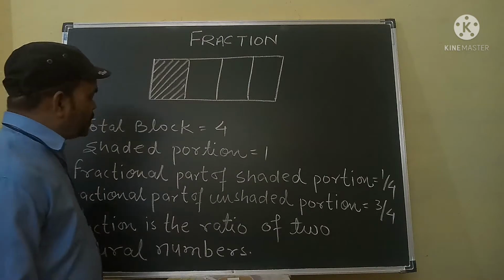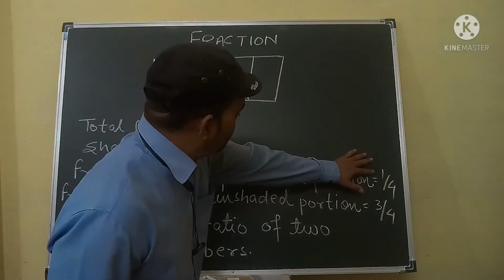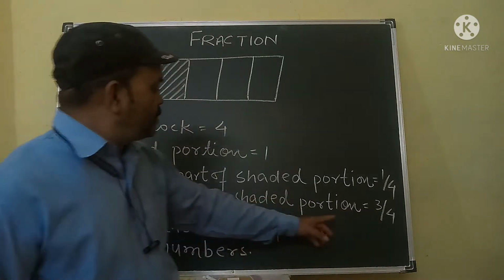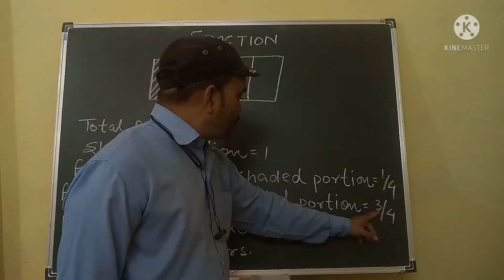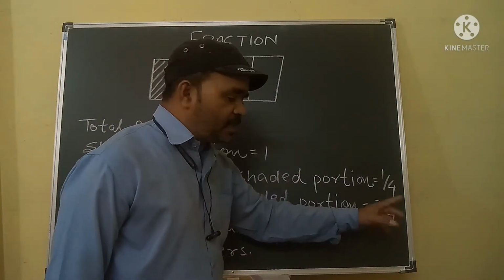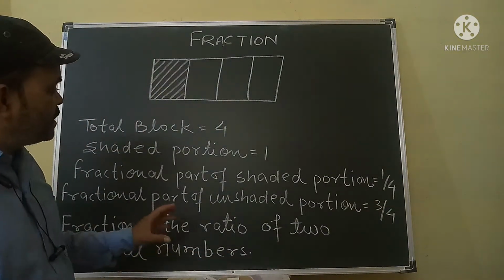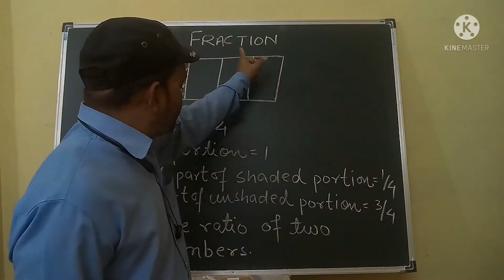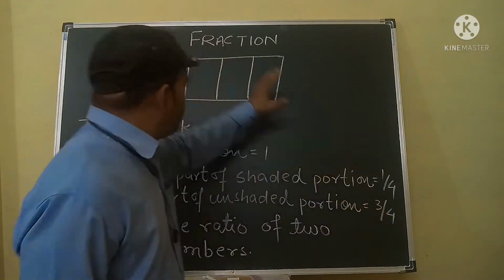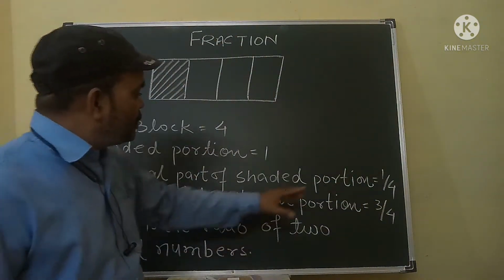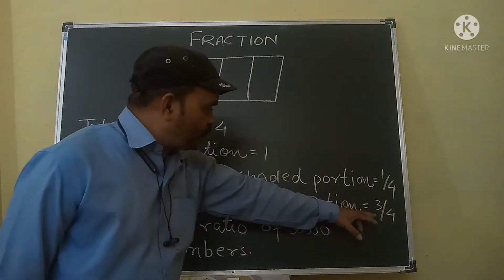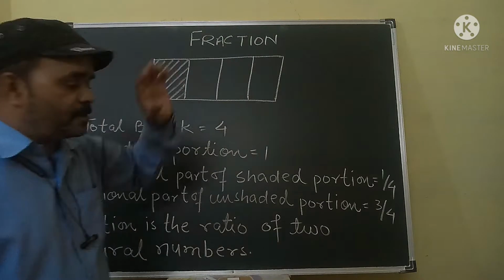As you are looking, 1 is a natural number, 4 is a natural number and 3 is a natural number. That means 1 upon 4 is a fraction, 3 upon 4 is a fraction.